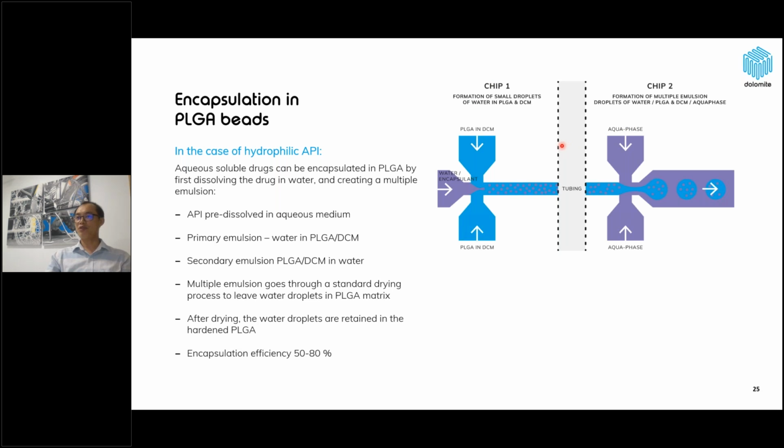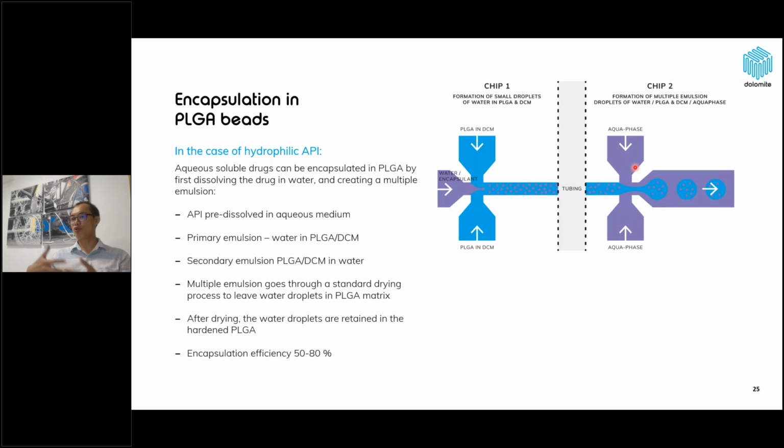The API is first pre-dissolved in aqueous medium, and then the primary emulsion of water in PLGA DCM will be obtained within chip 1, and then the secondary emulsion of PLGA in DCM in water will be formed within chip 2.